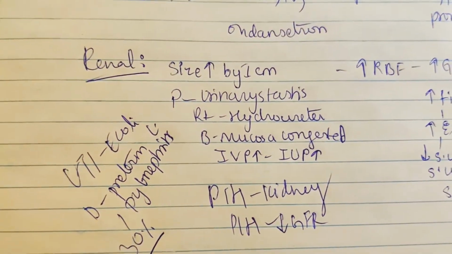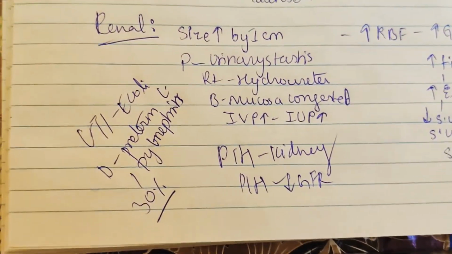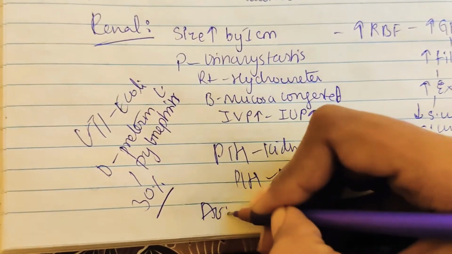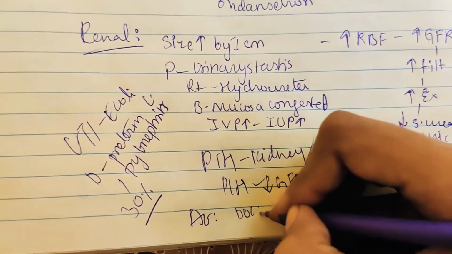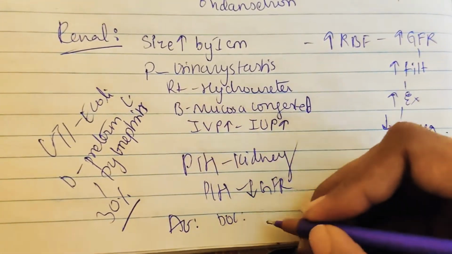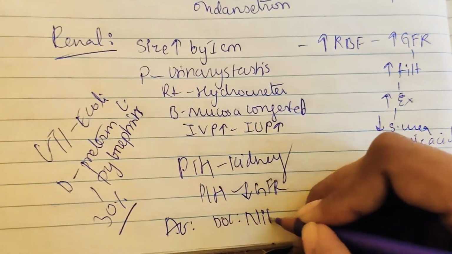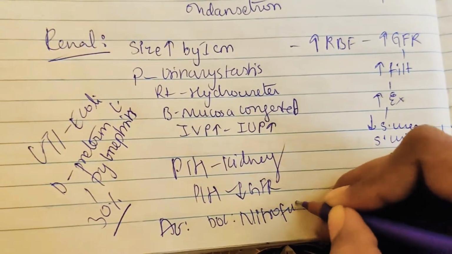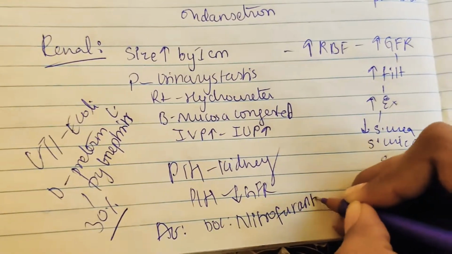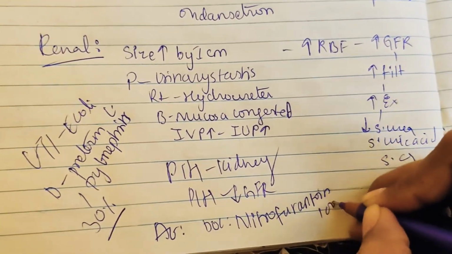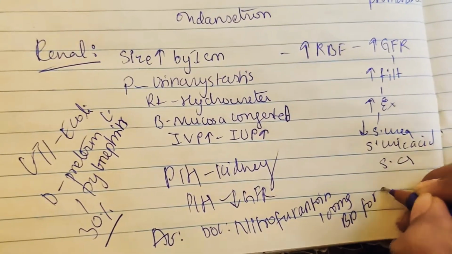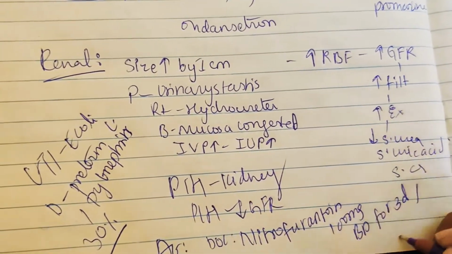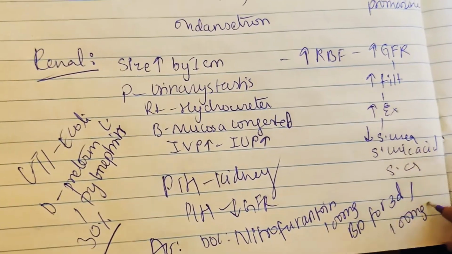Okay. So what antibiotics can you use in urinary tract infection in the case of a pregnant female? Drug of choice: nitrofurantoin 100 milligrams at bedtime for 3 days or 100 milligrams for 10 days.